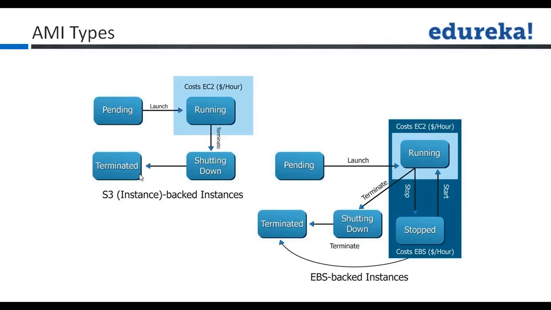If I want to save some data, I have to attach an EBS volume and make the data persistent. Next day morning when I come back, at 9 AM, I launch a new instance again from the AMI, attach that EBS volume again and get the backup. So this would be a lot of headache for me. In the EBS backed instance, everything is in EBS, so data is persistent. You can start and stop. Does it answer your question, Shashi?